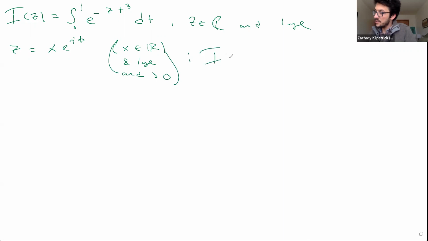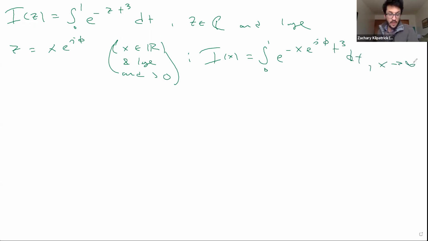So in that case, I could write this as I of x equals the integral from 0 up to 1 of e to the minus x e to the i phi t cubed dt, for x that's really large, okay? So now our rho function is going to be rho equals minus t cubed e to the i phi.